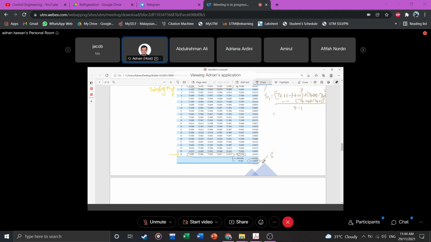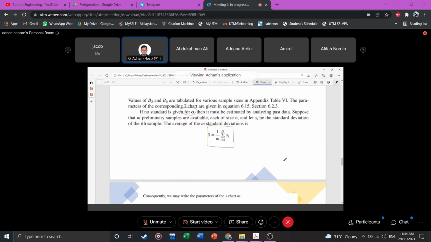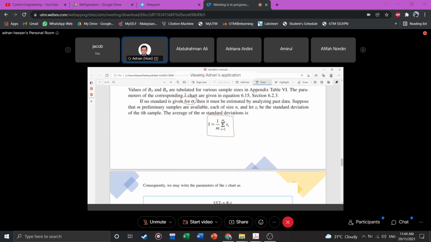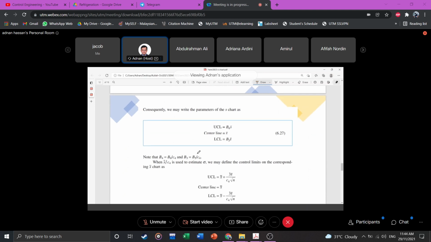We estimate this as S bar: the summation of S divided by how many subgroups we have. M is the number of subgroups, sometimes I call it G, it's the same. Normally we use this from the preliminary sample when the process is still unstable.